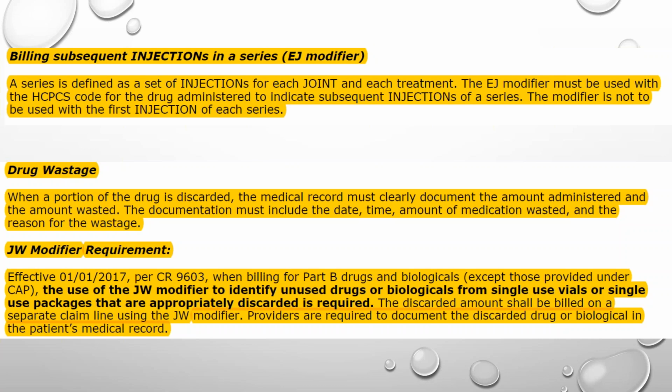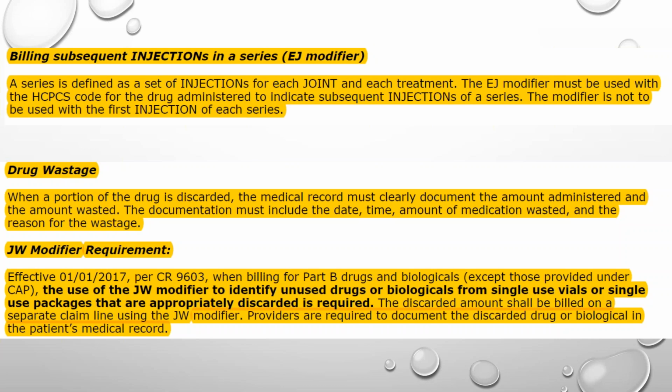And the EJ modifier will be coded on the drug code, not on the injection itself, but on the drug code itself. So the modifier is not to be used with the first injection of each series.